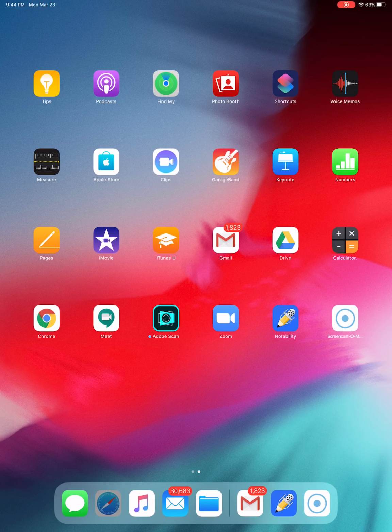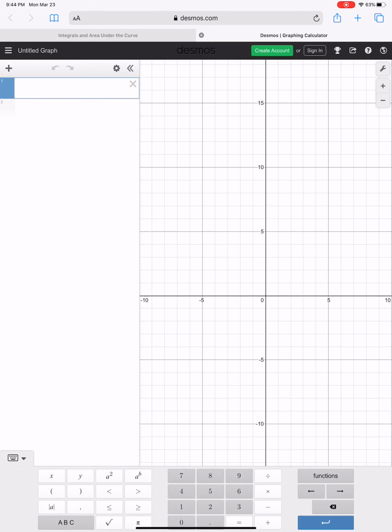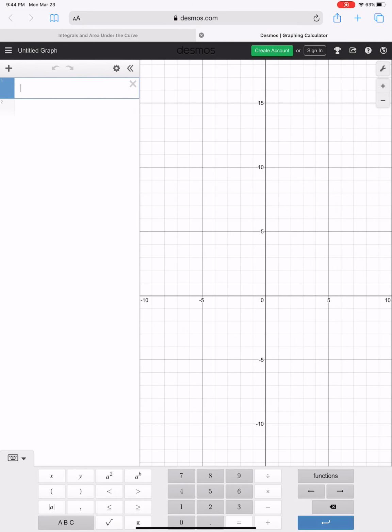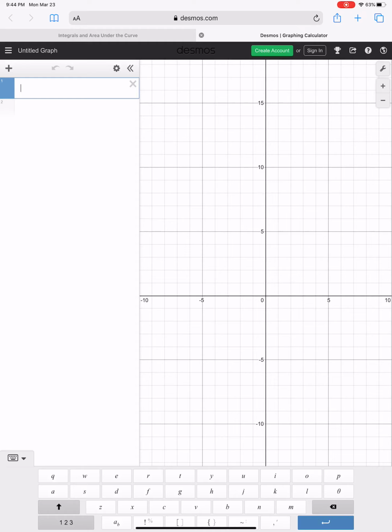I'm going to go to Desmos, starting with a blank graph that you can work in. The address is www.desmos.com/calculator. You can go there yourself, and we can put this function in together.